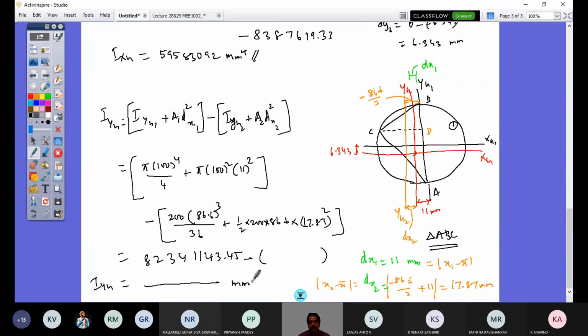So this much mm to the power 4. You see that the second moment of area is always going to be positive. So this is that requirement. It's only two standard geometries, but you have to look at them carefully and do it. If you are able to do this carefully, understanding why you take these distances like this, all the parallel distances, you are very comfortable with applying the parallel axis theorem, and that would be highly appreciated.